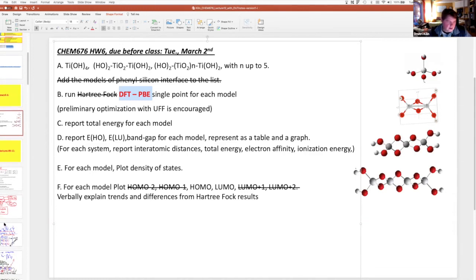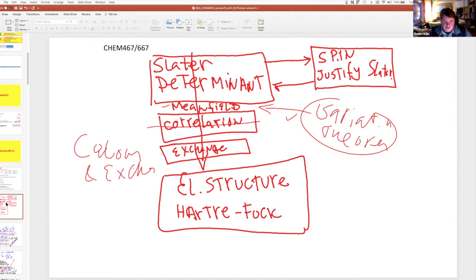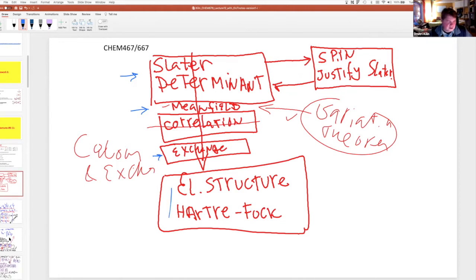Okay, so back to the subject, and I'll try to squeeze 1.5 lectures into this hour, finishing the last one and then doing new material. So we are studying Hartree-Fock theory, and we need several basic concepts: Slater determinant, mean field, correlation, exchange, and then together they will give Hartree-Fock theory.